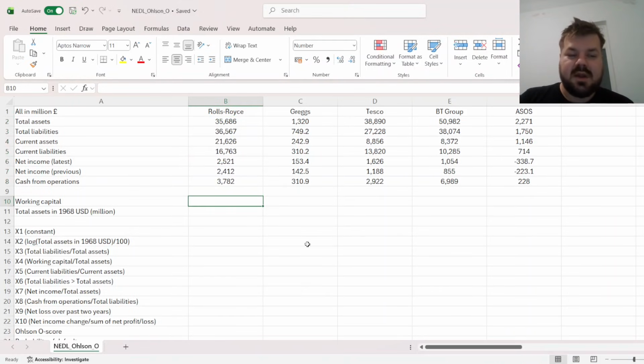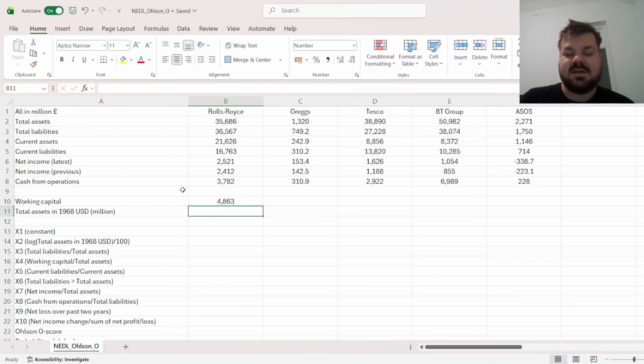Before we calculate the input variables into the Ohlson O-score model, we need to calculate working capital as a difference of current assets and current liabilities. And we also need to perform the adjustment of total assets into 1968 US dollars.